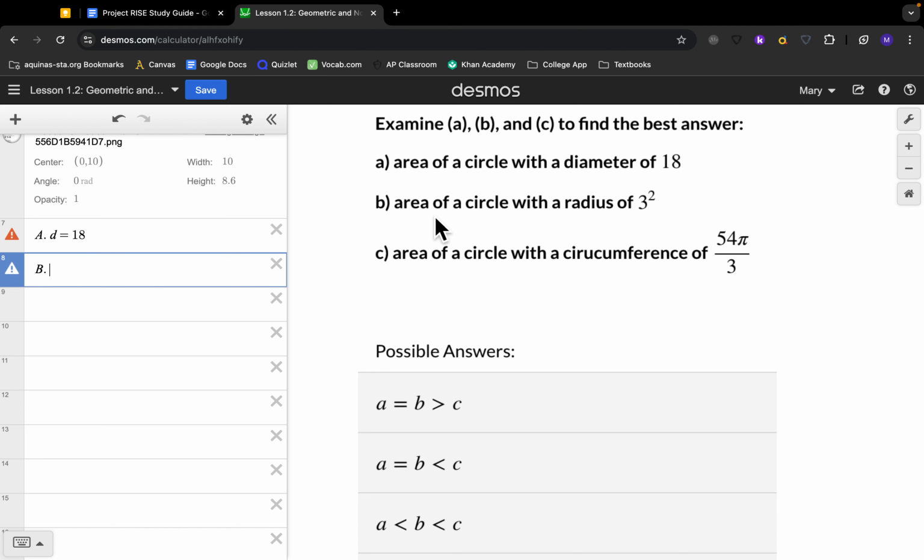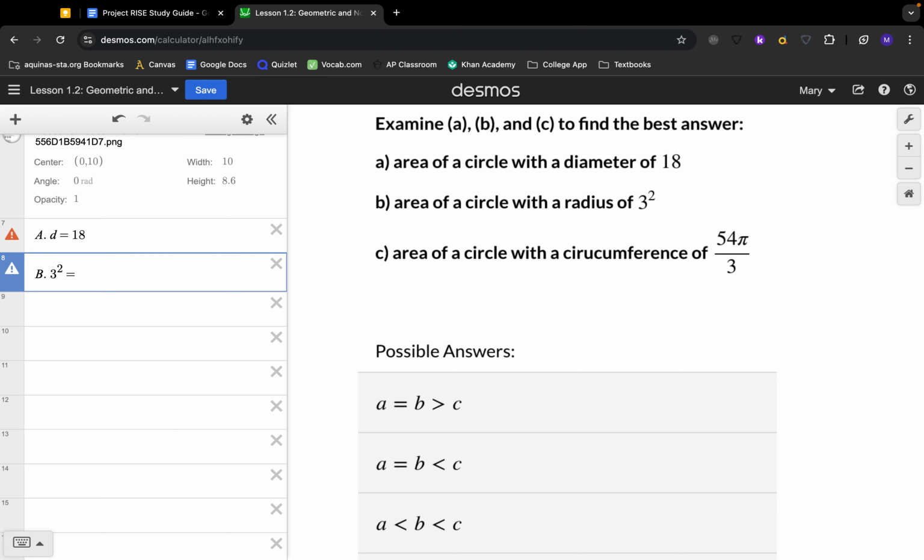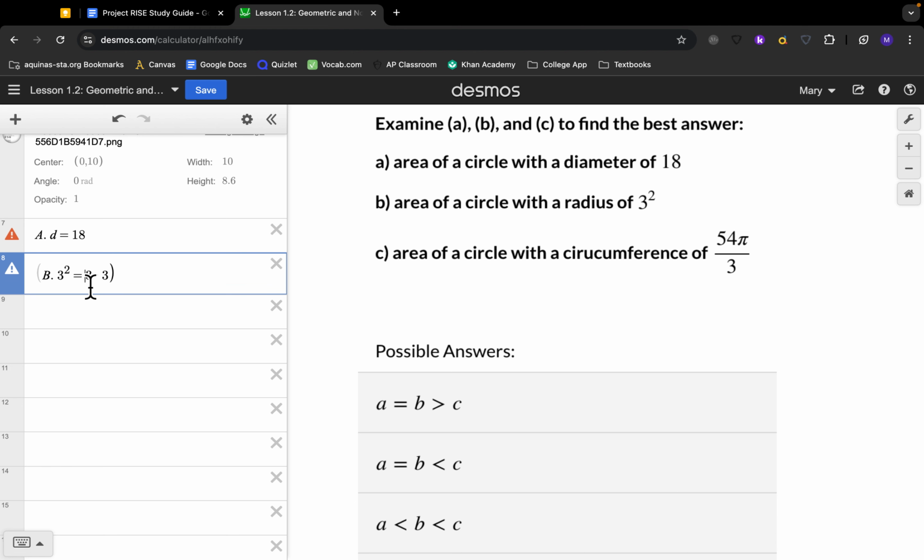In option B, we're told the area of a circle with a radius of 3 to the power of 2. So 3 to the power of 2 is just another way of writing 3 times itself, and we know that 3 times 3 equals 9. And here's a little trick.